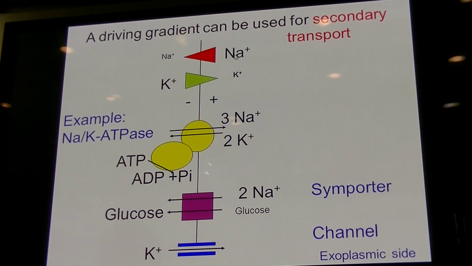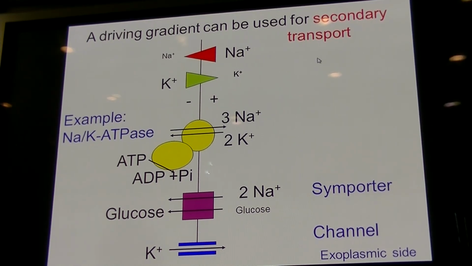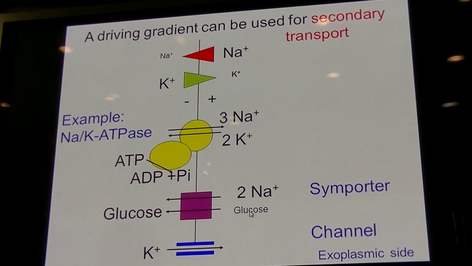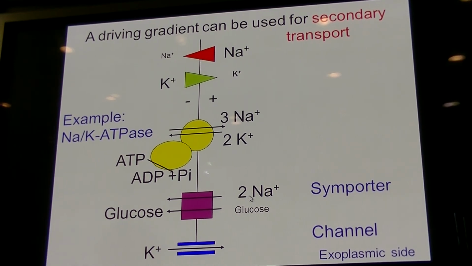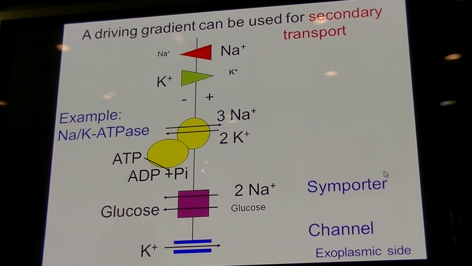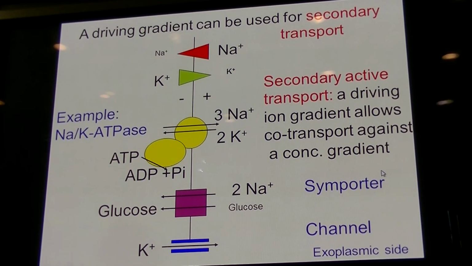So this gradient of sodium and of potassium now allows for other things to be transported, such as glucose that can come in from a low concentration in your intestinal lumen up to a high concentration in the intestinal cell itself, using two sodium. We call that secondary active transport.